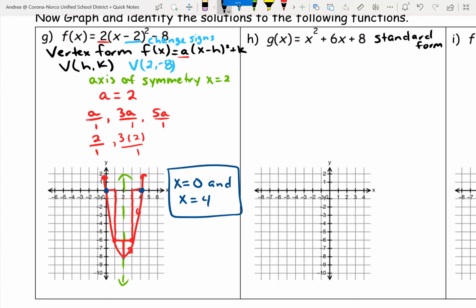Our first thing we need to do there is identify the axis of symmetry. Does anyone remember the formula for axis of symmetry? x equals negative b over 2a. Very good.